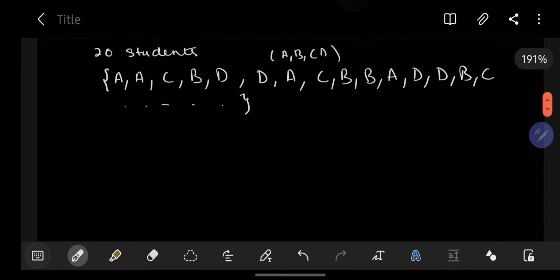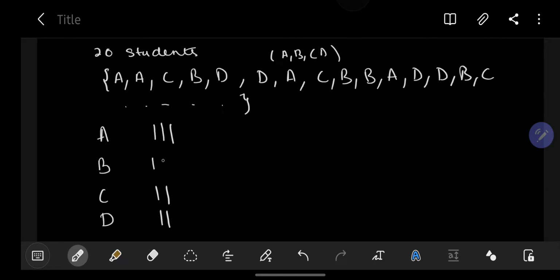First of all, define your variables A, B, C, D. Now tally these: 1 A, again 1 A, 1 C, 1 B, 1 D, again D, A, C, 2 times B, A, 2 times D, B, and something like this.